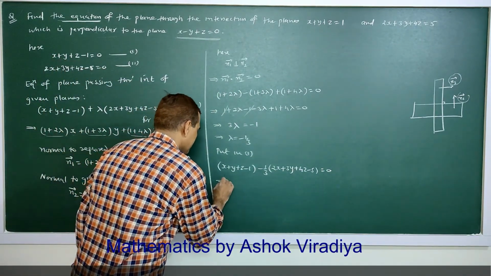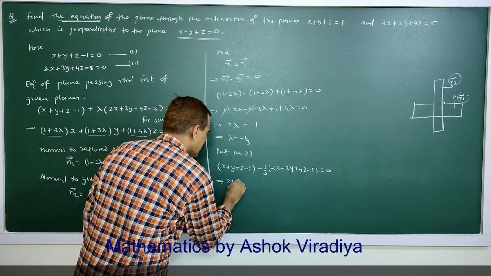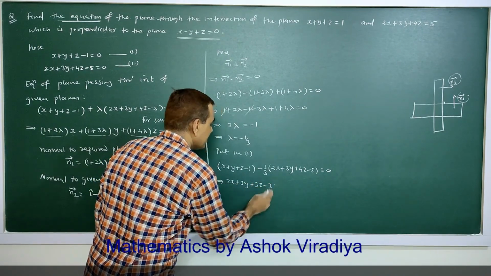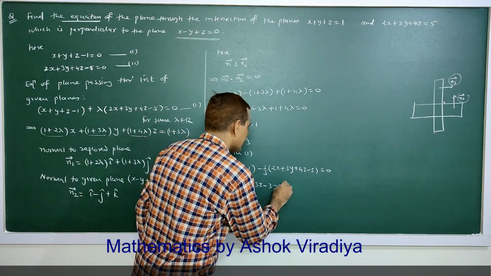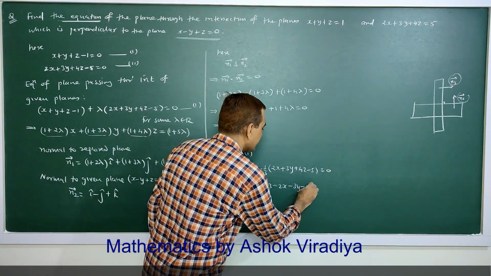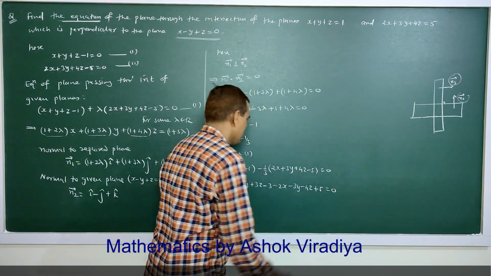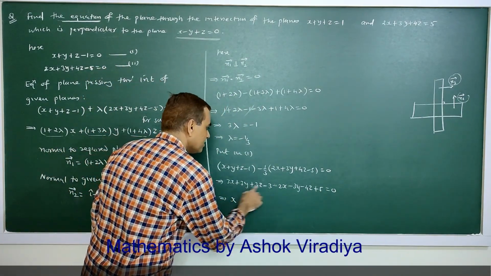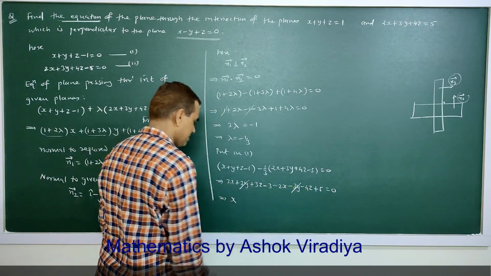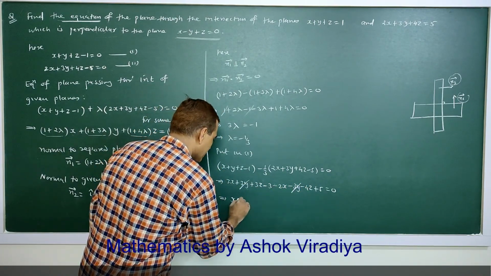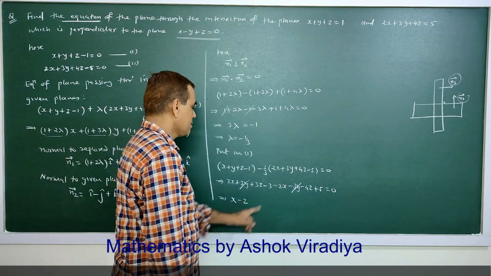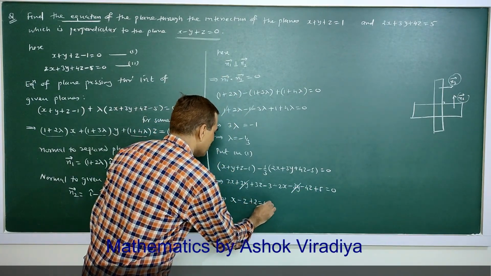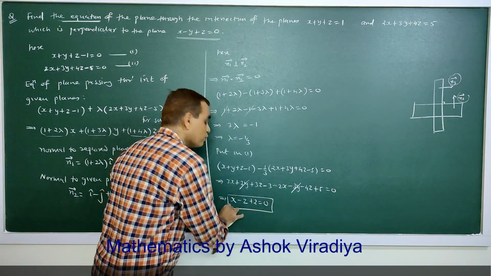So that is now 3x plus 3y plus 3z minus 3 minus 2x minus 3y minus 4z plus 5 is 0. So 3x minus 2x is x. 3y, this will be cancelled. 3z minus 4z is minus z. Minus 3 plus 5 is plus 2 equal to 0. So this is the required plane.